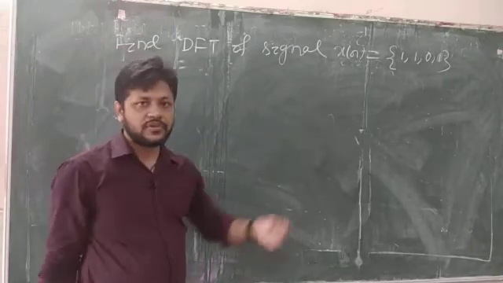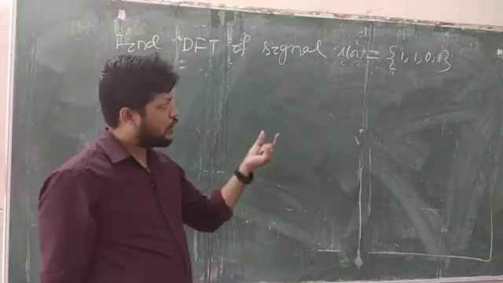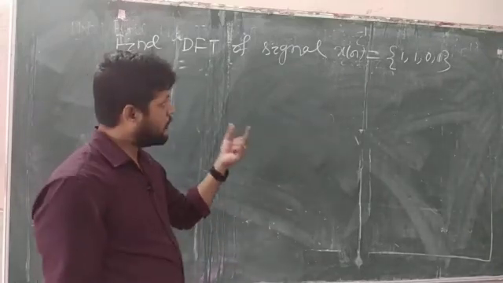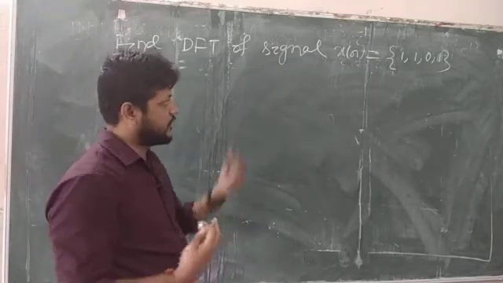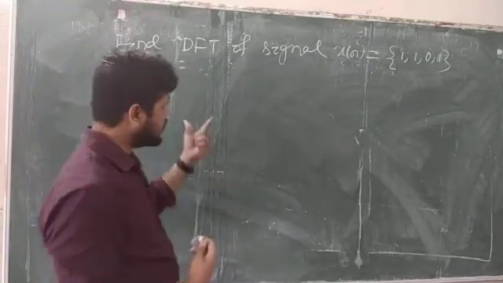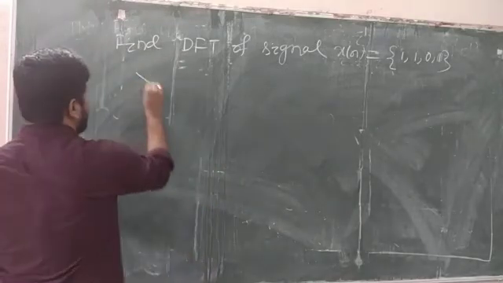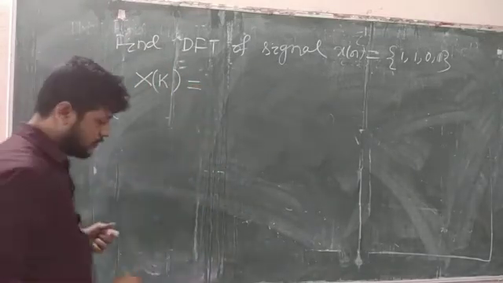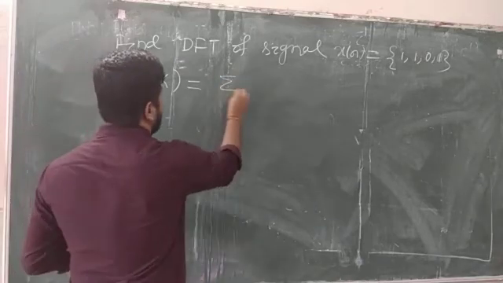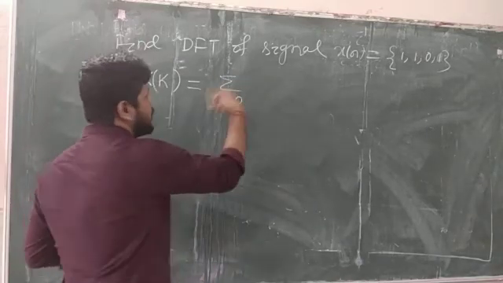How many samples are given? We have 4 samples, and this x of n is obviously a periodic signal. So what is the definition of the discrete Fourier transform? That is X of k equal to the summation of n equal to 0 to N minus 1.